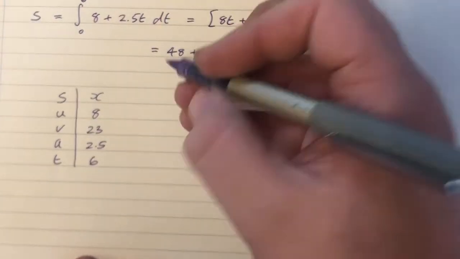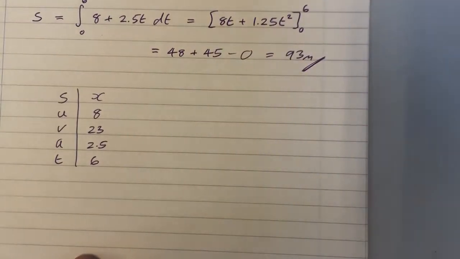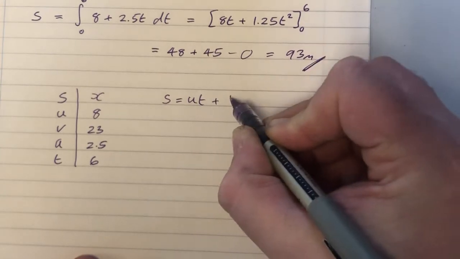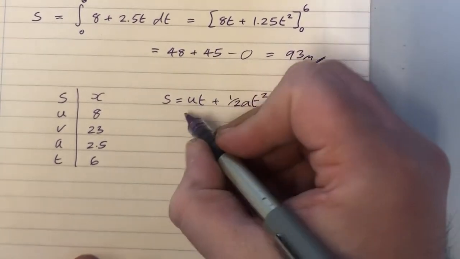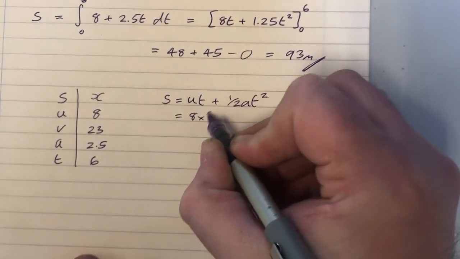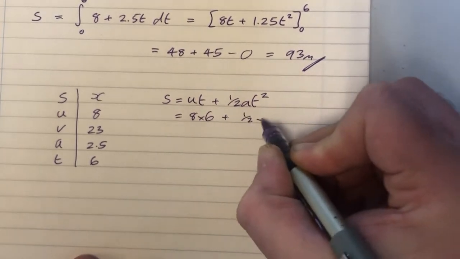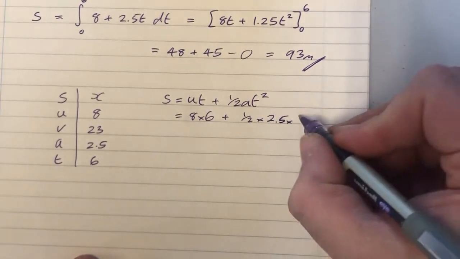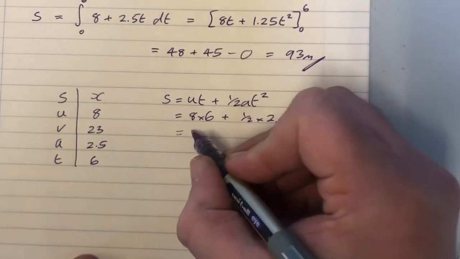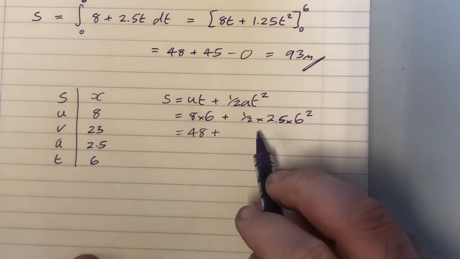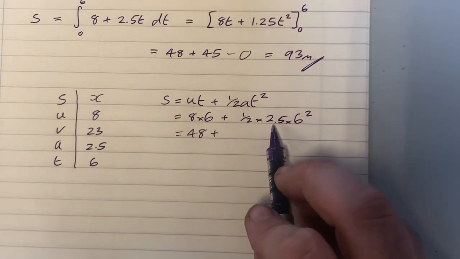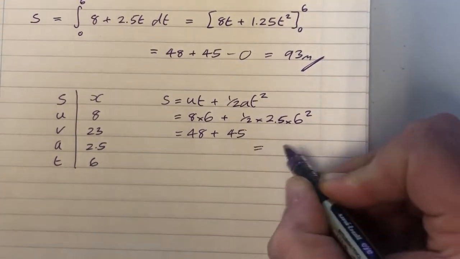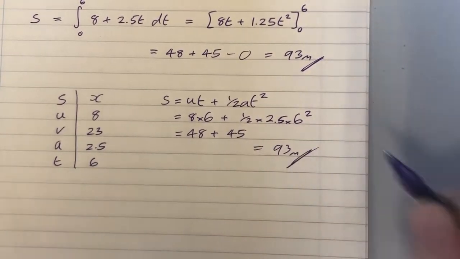I've got 4 of the values, so any equation will do. I'm going to use s equals ut plus a half at squared. So that's 8 times 6 plus a half times 2.5 times 6 squared. 8 times 6 is 48, and then a half times 2.5 is 1.25 times the 6 squared gives me the 45. In fact, those are the same two values I got a minute ago. And that's equal to 93 meters.